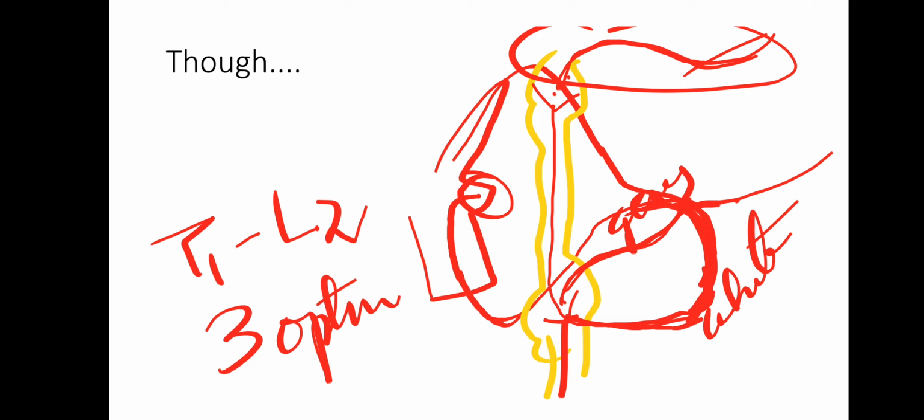The third option is, this white rami communicants reaches the ganglion but without synapsing, it will go medially to synapse with some other prevertebral ganglion, that is a ganglion lying in front of the vertebral column.